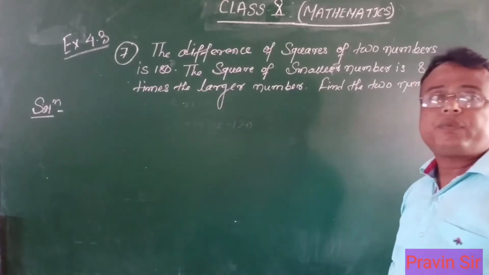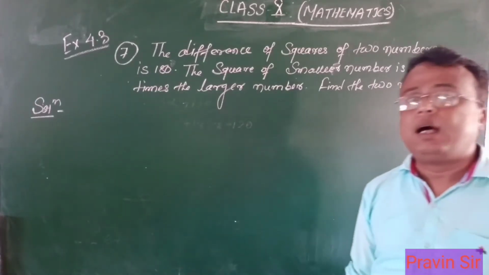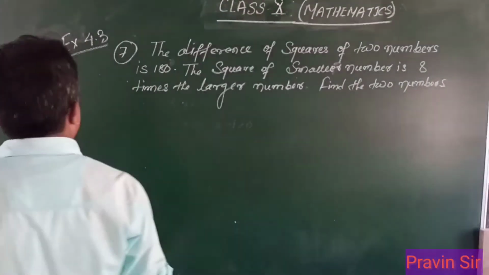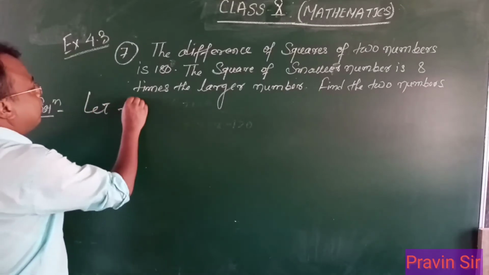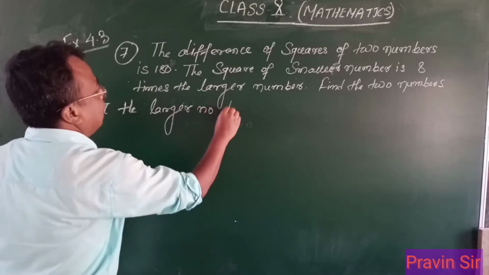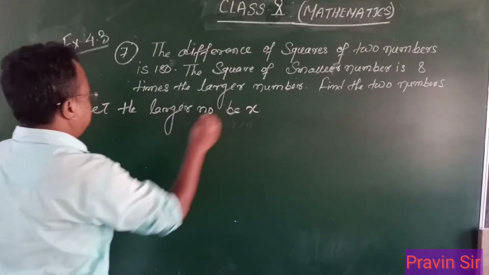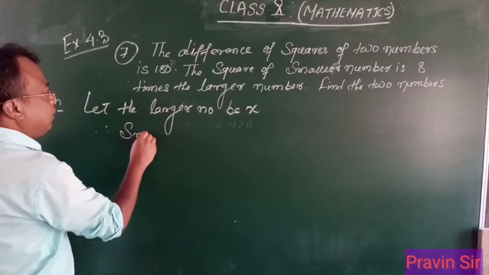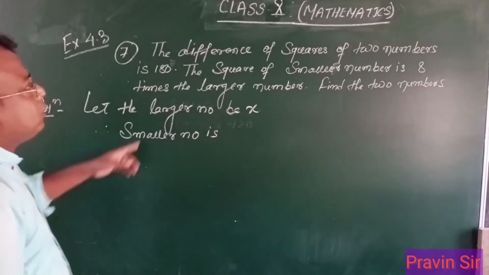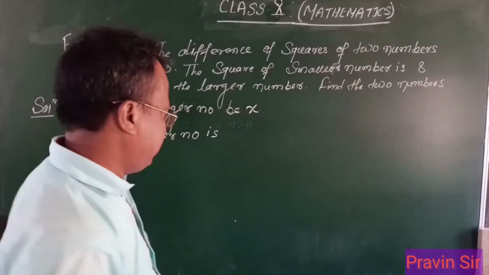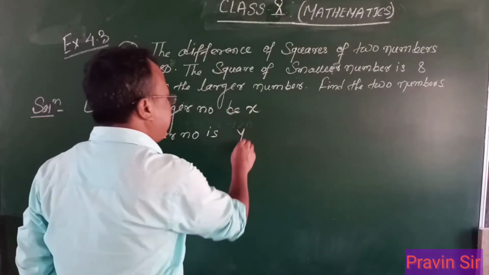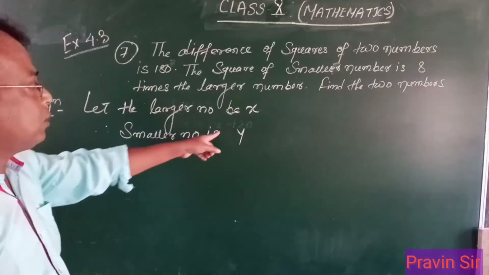So in this question, what is unknown? The unknown is the larger number and the smaller number. So what do we do? Here you see, let the larger number be x. Therefore, the smaller number, let us say I am supposing the smaller number is y.